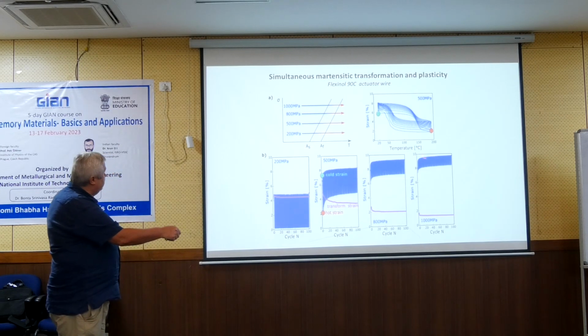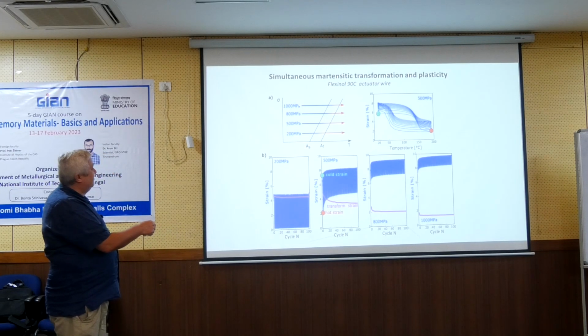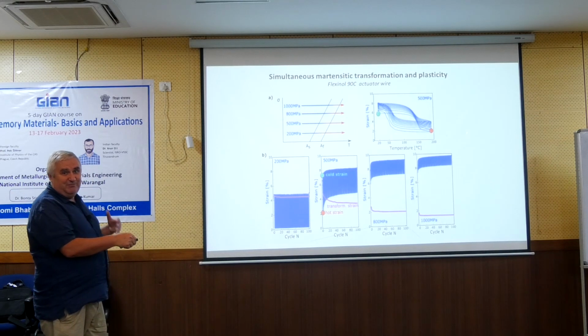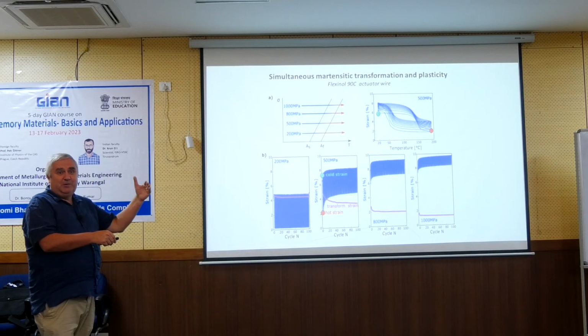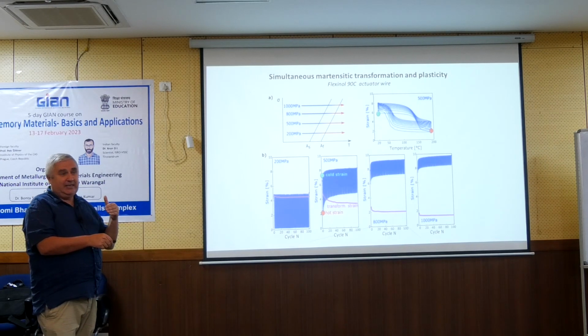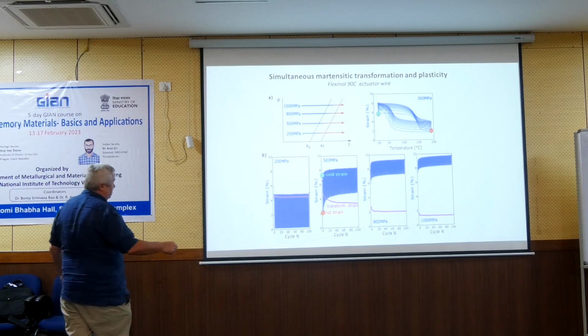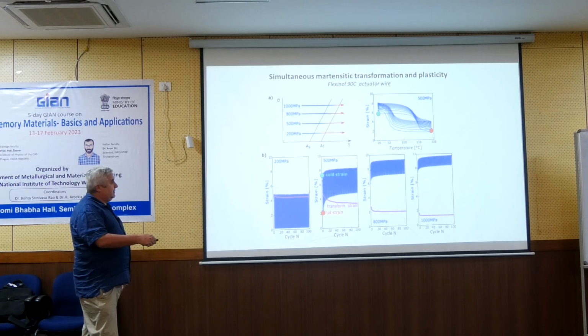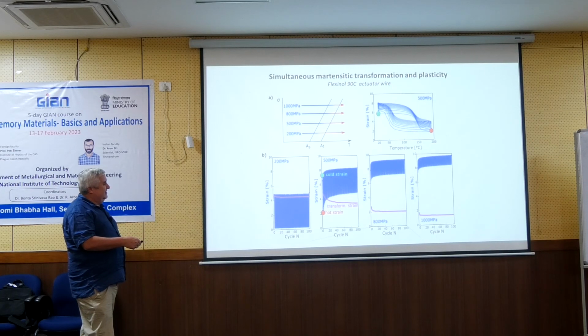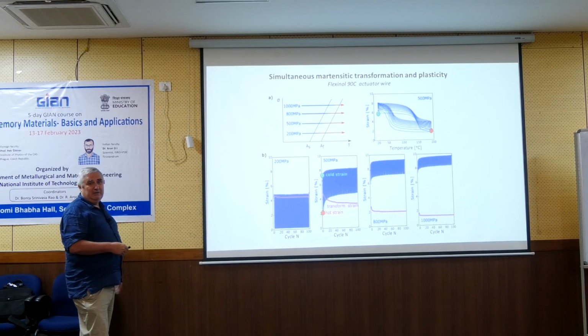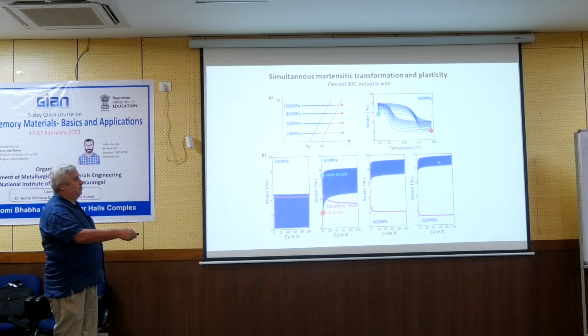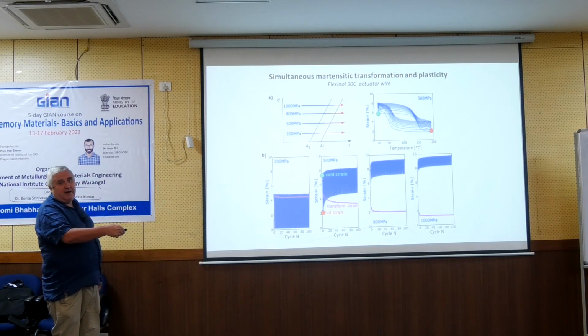Normally people never do this. You never do it at 1 gigapascal. But we wanted to go to the extreme because we wanted to analyze this kind of transformation-plasticity coupling. So normally what you use is only this one, but you can use this one as well if you can live with the original shift of 7% plasticity of the hot shape, but the lifetime would be shorter because the stresses are high.